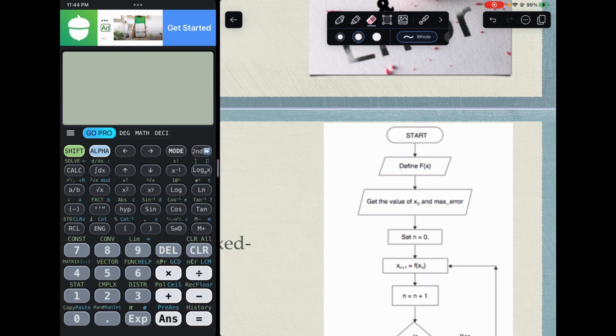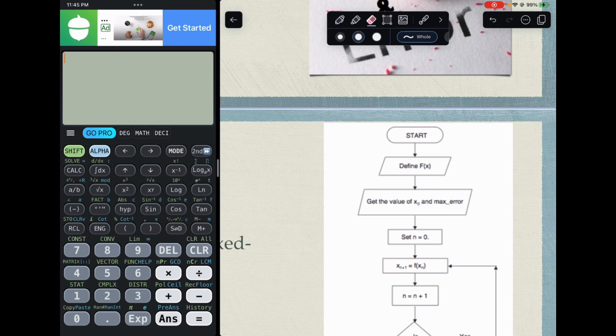The first one is we're going to define the f of x. Defining the f of x will give us an idea on what our equation will be.